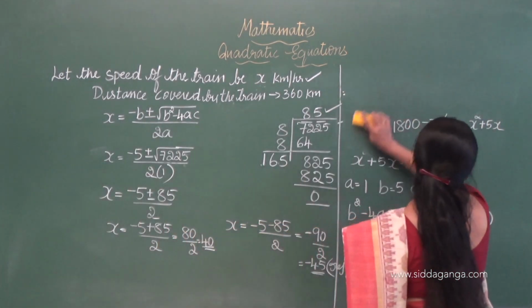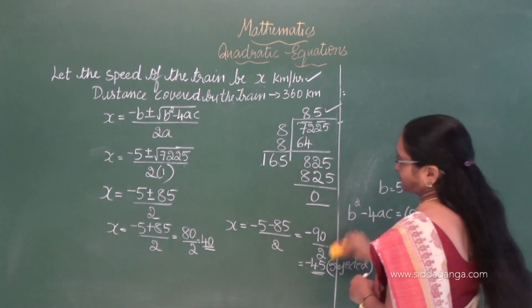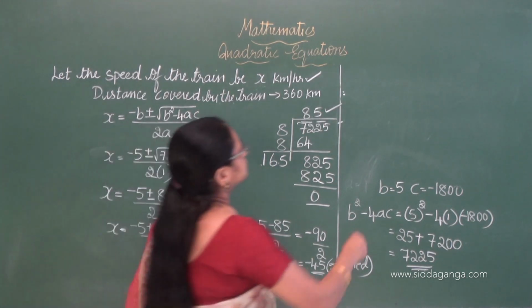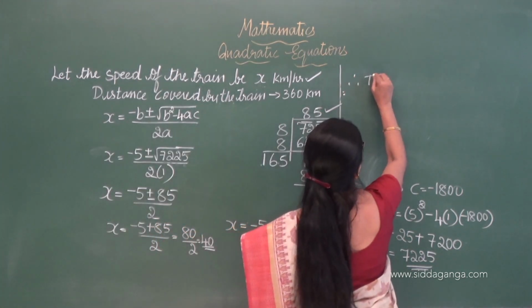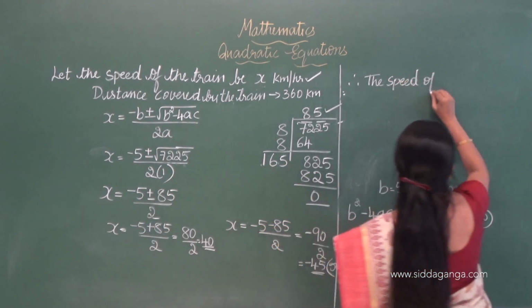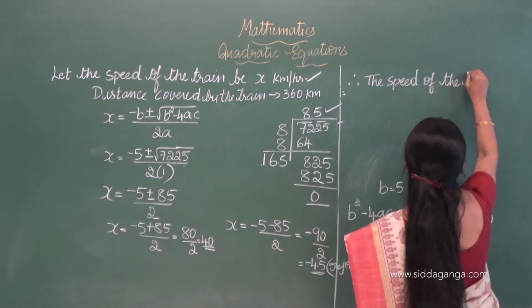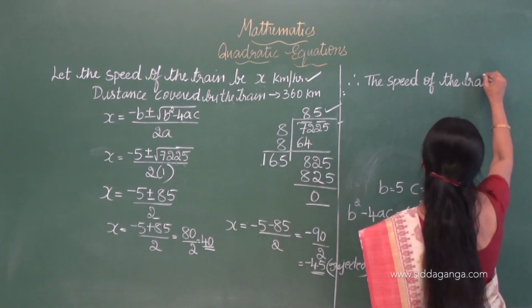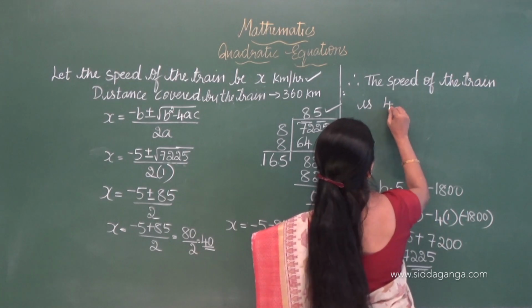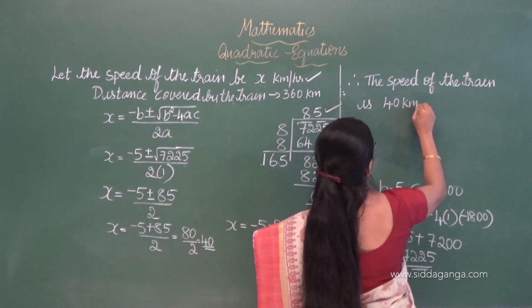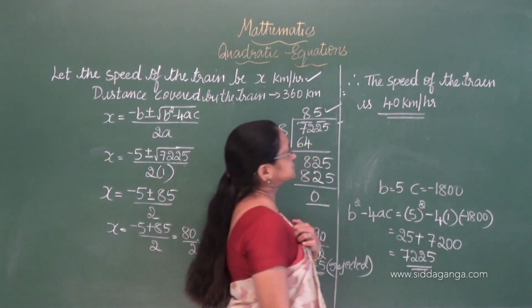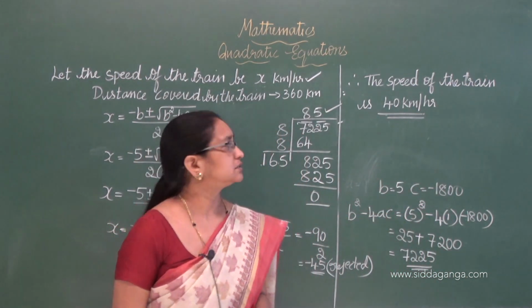Therefore, the speed of the train is 40 kilometer per hour.